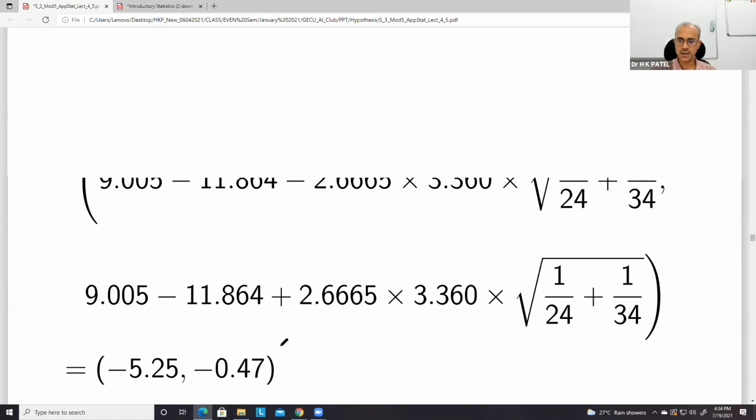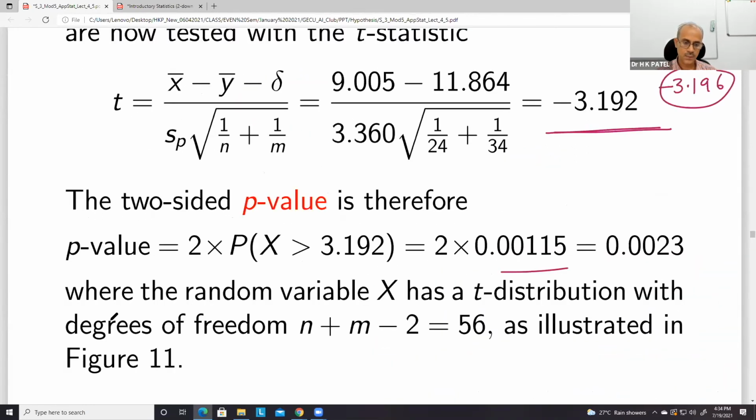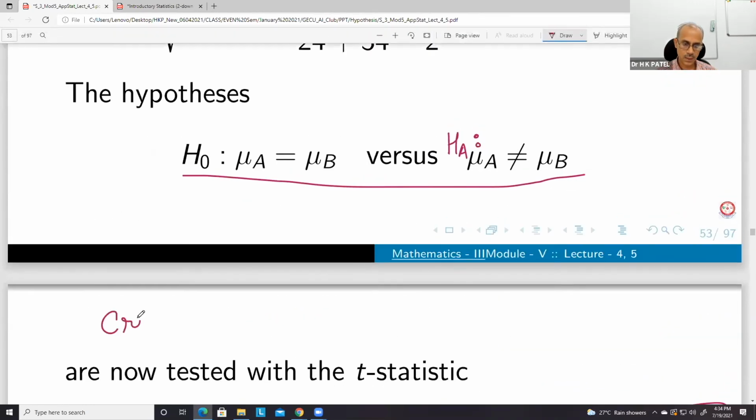So you can check what happens with the critical value approach here. For this, first you have to decide alpha actually.